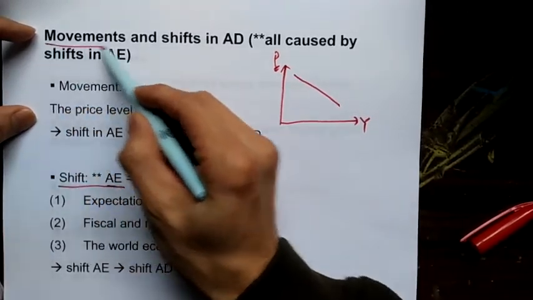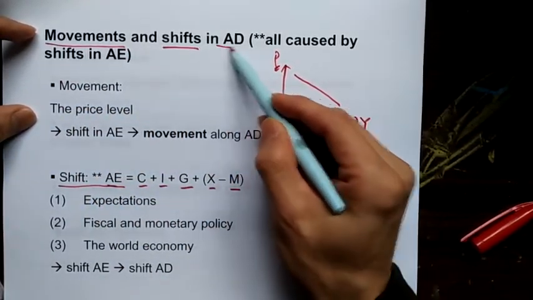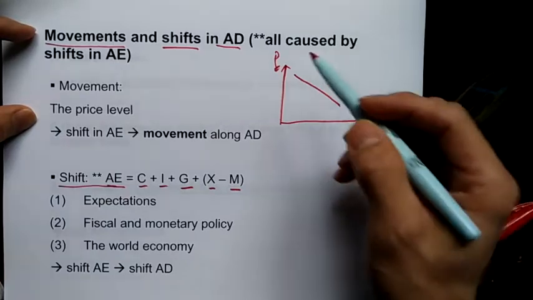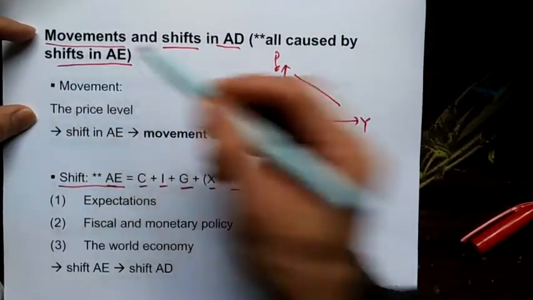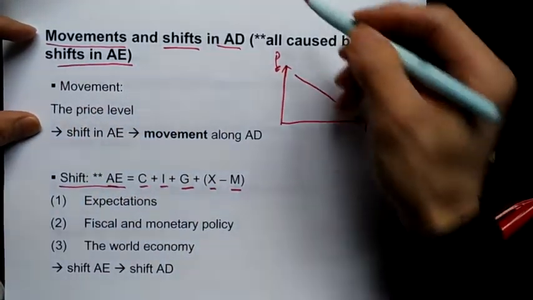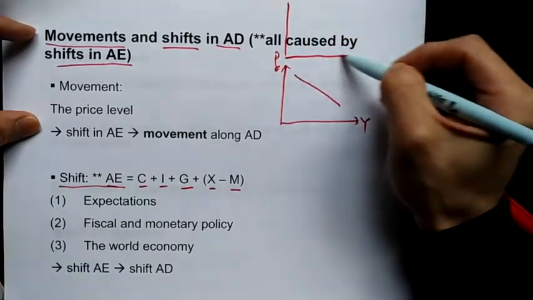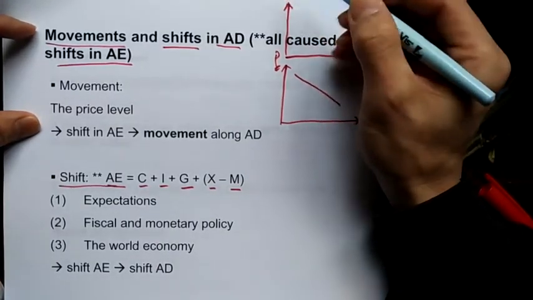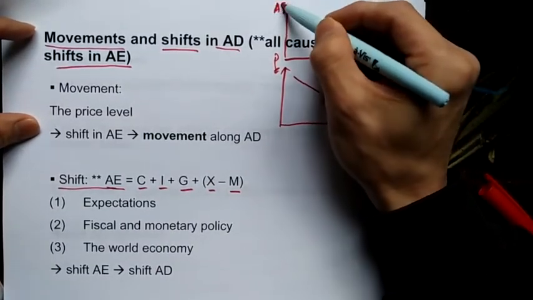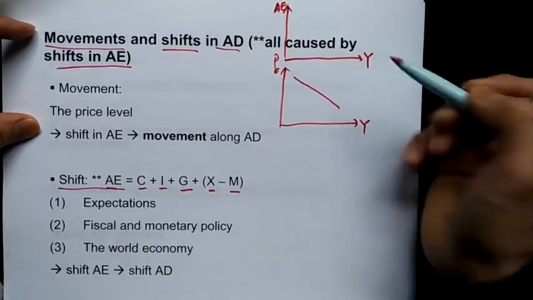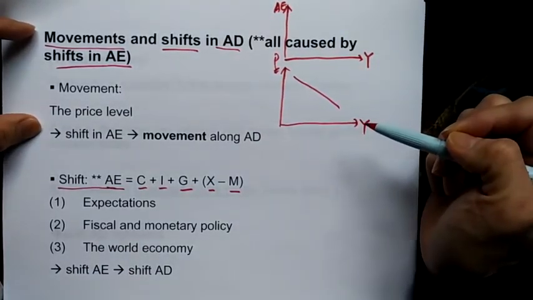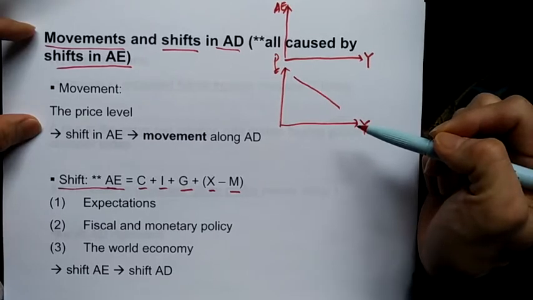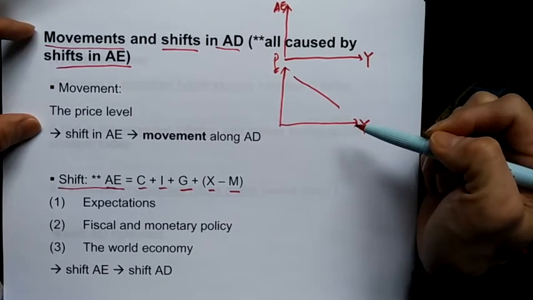But both movement and shift in the aggregate demand function go through the shift in the aggregate expenditure function, because the aggregate demand curve is derived from the aggregate expenditure function. And we show this at the end of chapter 11.